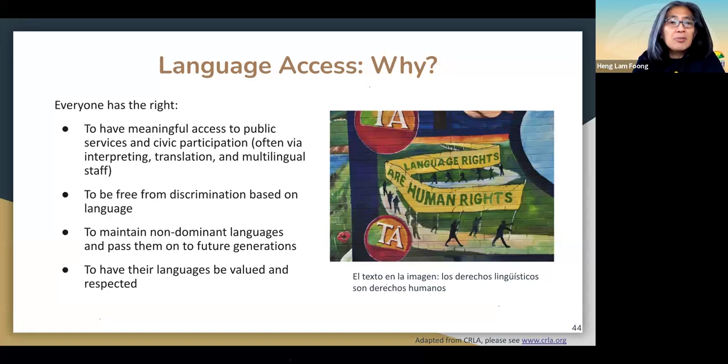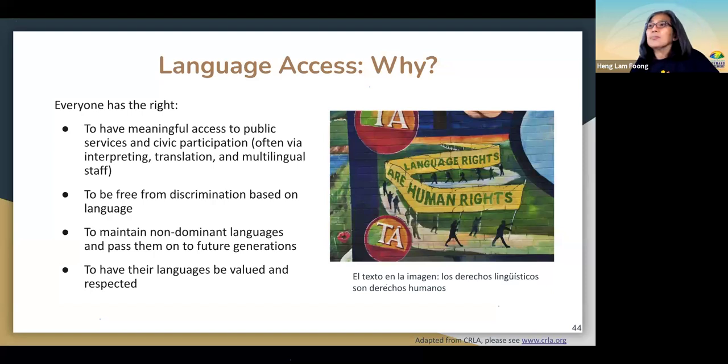People have the right to be free from discrimination, to speak a language that they speak, and to be able to maintain these languages, to keep them in perpetuity and pass them on to future generations. We also hope that everyone in the space understands that having the right to language is to be sure that whatever language we speak is valued and respected.